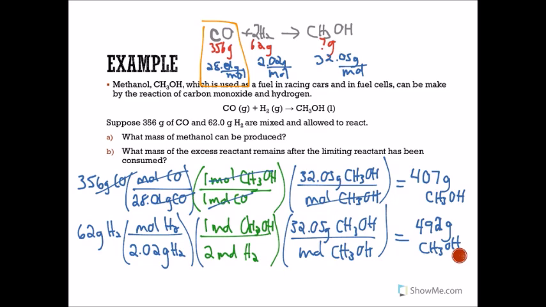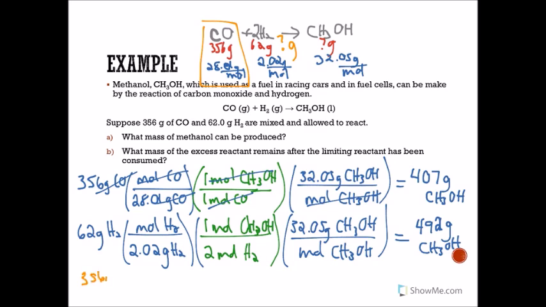But part B says what mass of the excess reactant remains after the limiting reactant has all been used up. So now we are trying to find how much hydrogen remains after the carbon monoxide is used up. So we're going to start with carbon monoxide again.